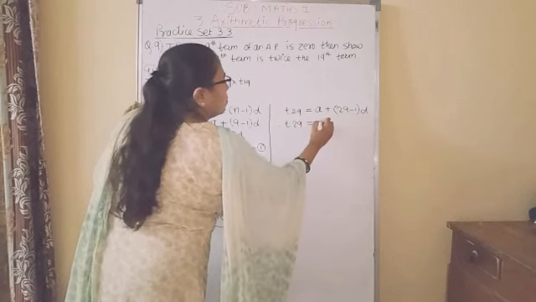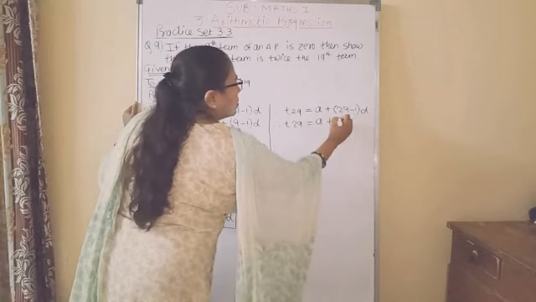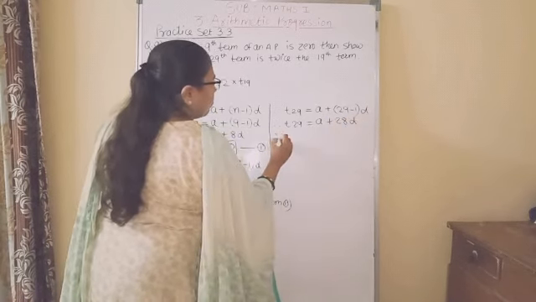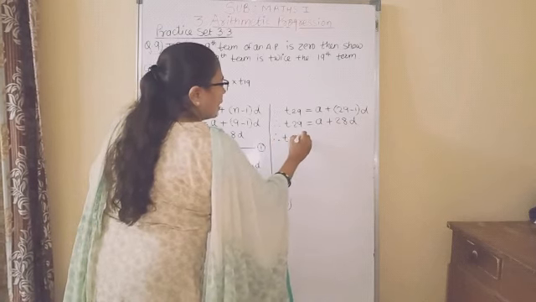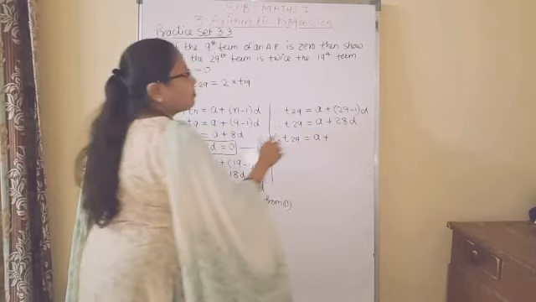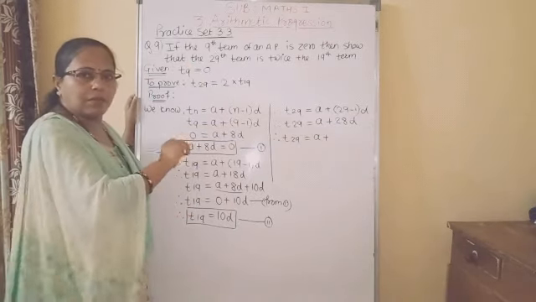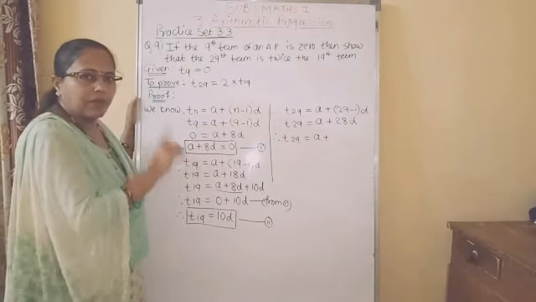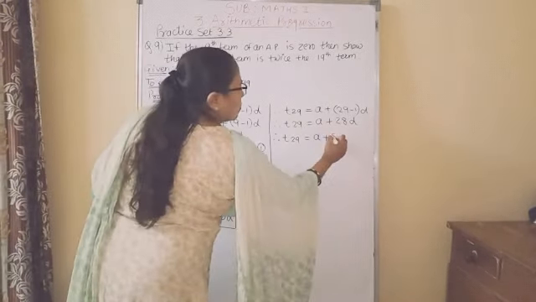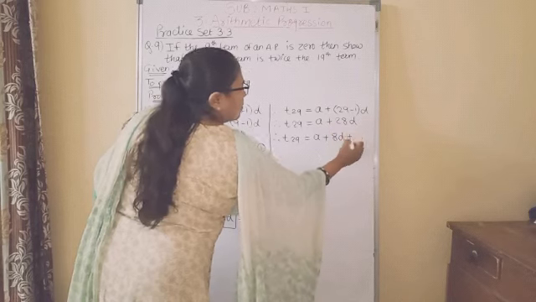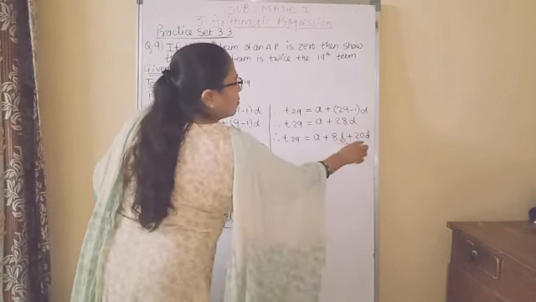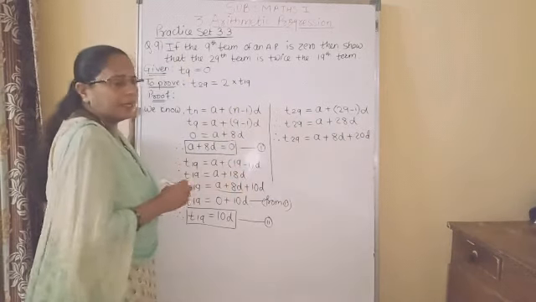T29 is equal to A plus 28D. Therefore, T29 is equal to A plus, again we will split this 28D into the sum of two numbers. And one of the numbers we will take 8D. So if you take 8D, here we will get 8D plus 20D. So 8D plus 20D is equal to 28D.